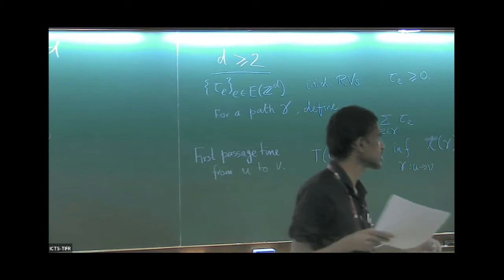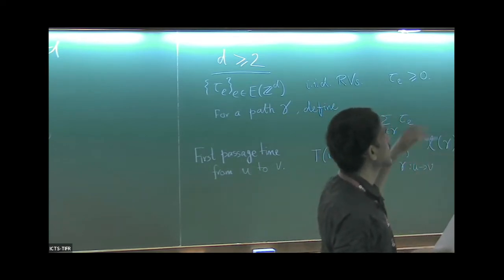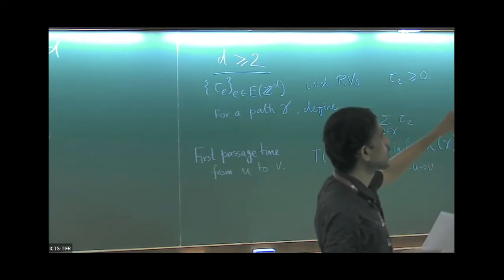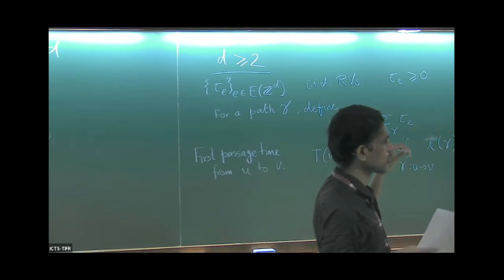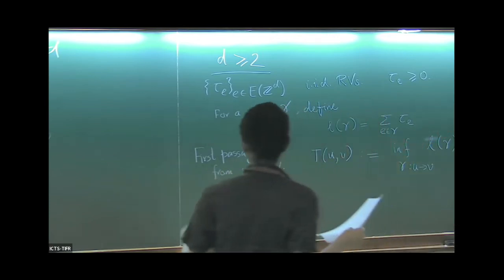One other exercise if you want to try is to show that if F is non-degenerate, then... so what about mu e1? So what do we know about mu e1? So one exercise you can try.